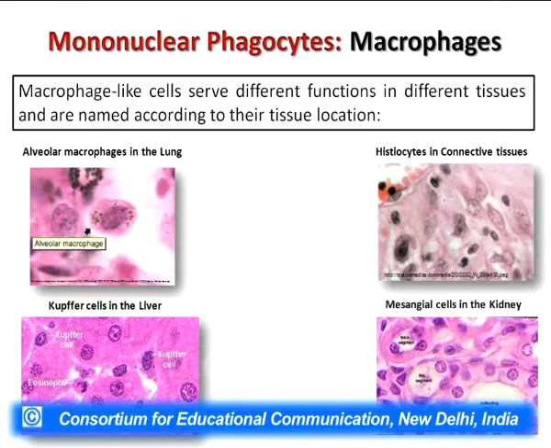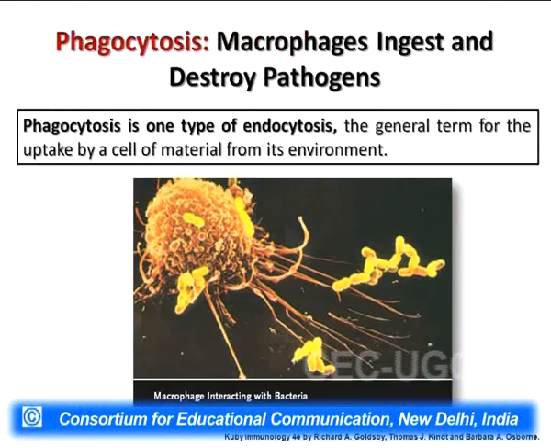These macrophages play a very important role in detecting and clearing antigens from these critical organs like the lung, liver, kidney and connective tissue, so that these organs don't suffer from disease or organ failure.